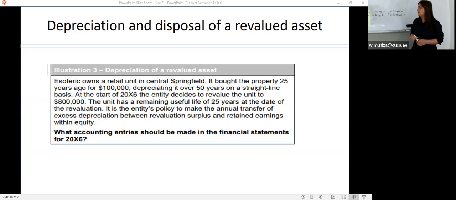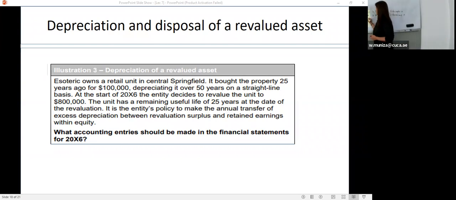So how much is the carrying value? 50,000. And what is the revalued amount? 800,000. The difference between carrying value and revalued amount, 800,000 and 50,000, how much is it? 750,000. Clear, students?